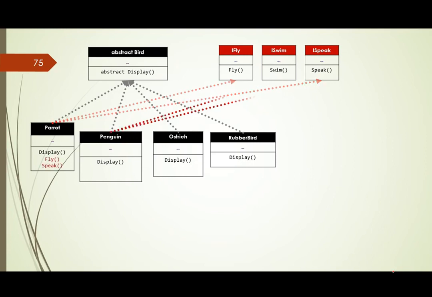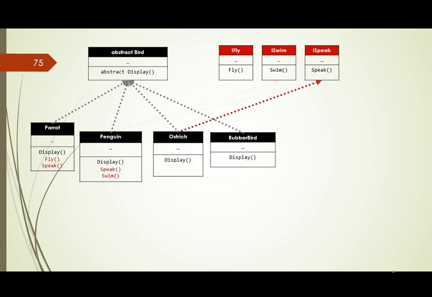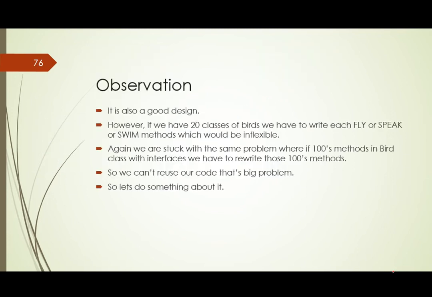Penguins are swimmers and they also speak, but they do not fly, so they're not going to implement the fly interface. And ostrich only speak, they don't swim, don't fly. And if we really observe the design, it's really a good design. There is no confusion with it.